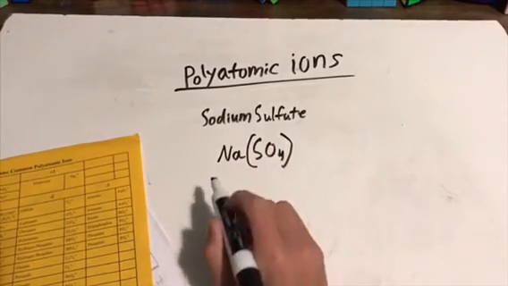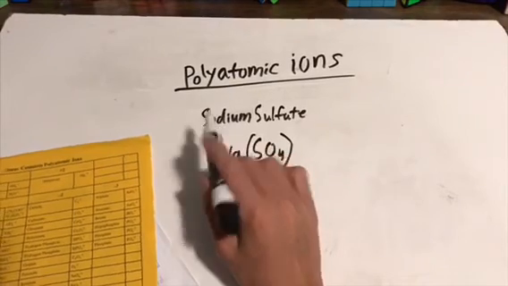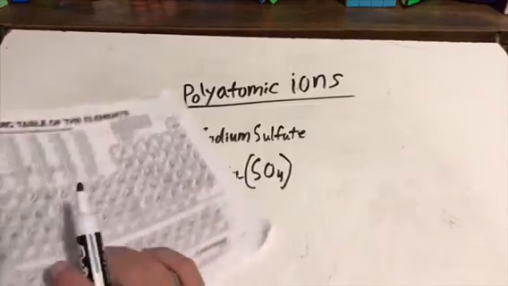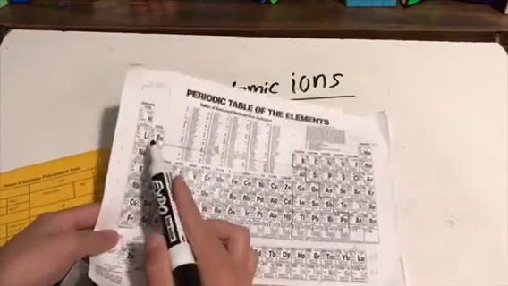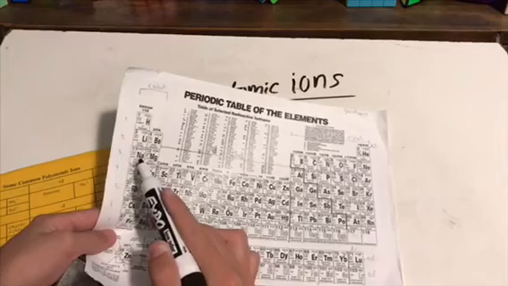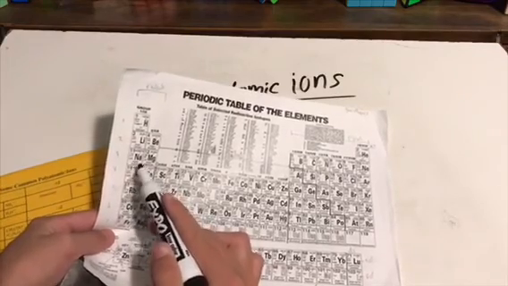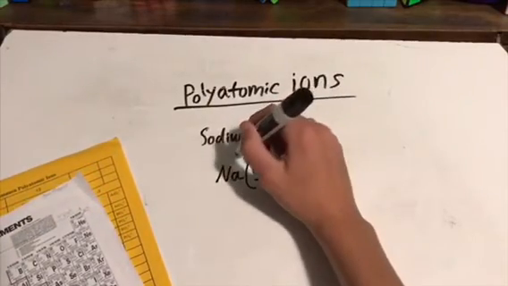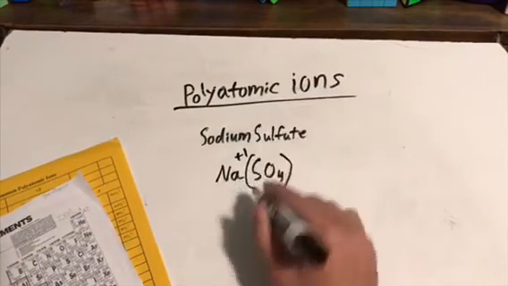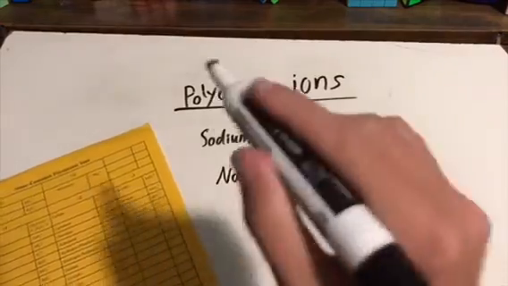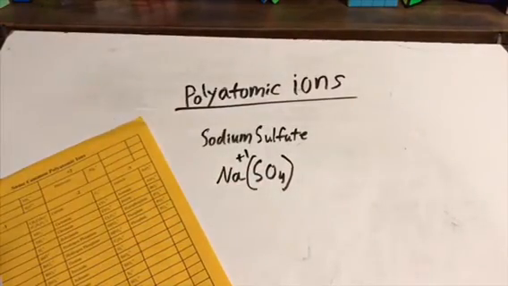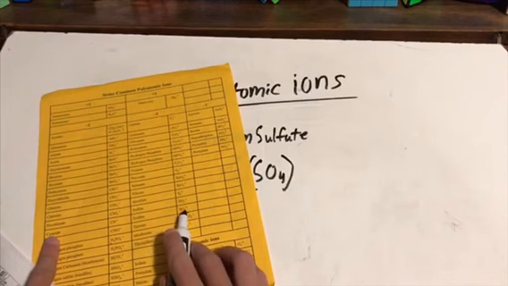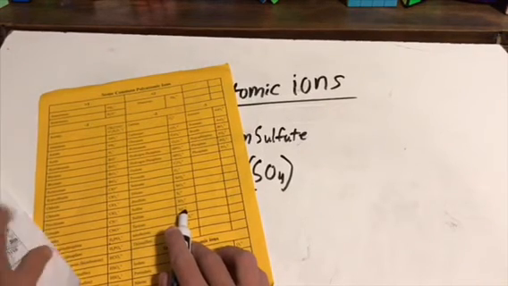Then you find the charge for sodium. Sodium, if you're looking on the periodic table, is in this far left column. So it has a charge of +1 because it wants to lose that 1 electron to become like a noble gas. SO4, sulfate, after looking on the sheet, right here, has a charge of -2. I don't know if you can see that real well.